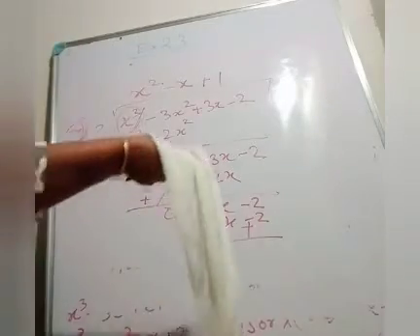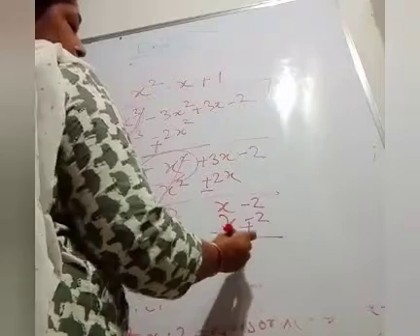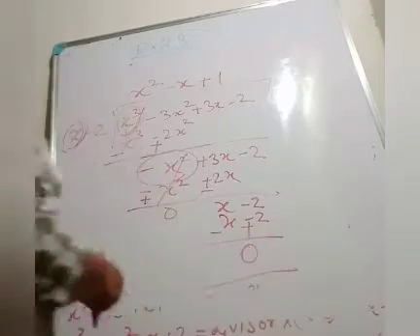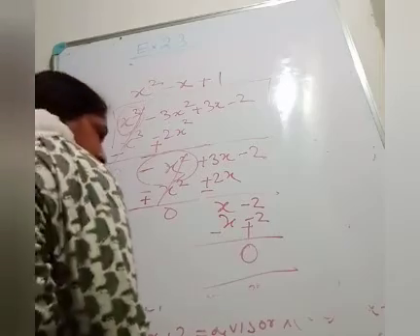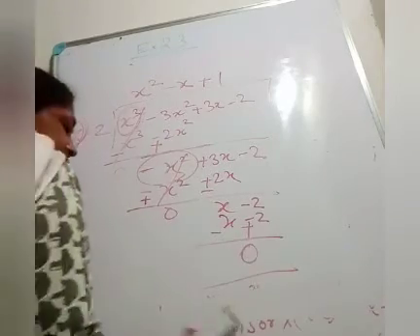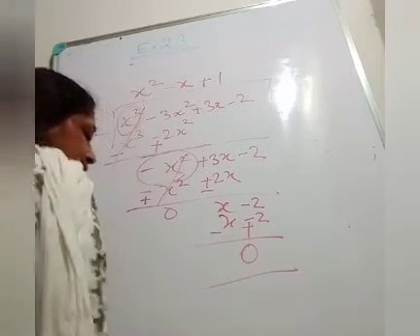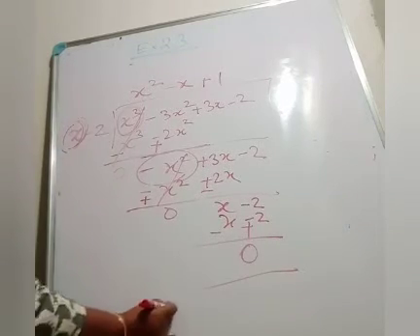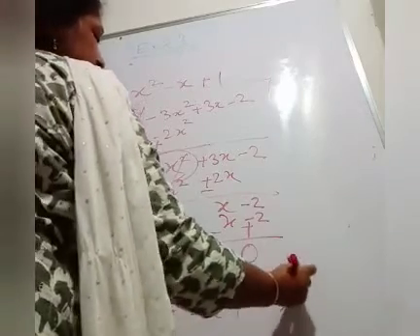Subtracting x minus 2 from x minus 2, we will get 0. So the divisor is x square minus x plus 1. So write the conclusion or statement. Therefore x square minus x plus 1 is the divisor.